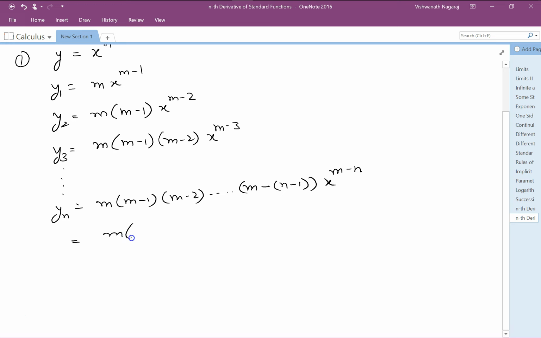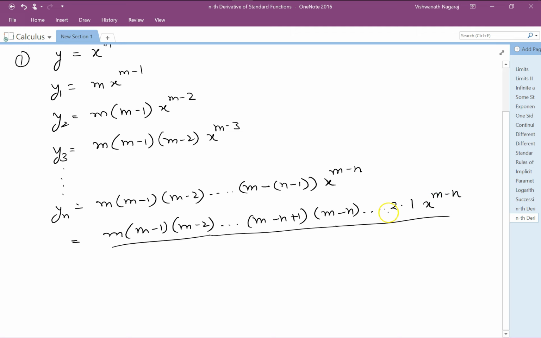So first of all, we have to make it go up to 1. Yeah, this is the simplification of this. So the next one will be m minus n, and like that it will go up to 2 times 1, times x to the power of m minus n. Yes. So we have to divide the expression by the same, so that the net effect is nil.